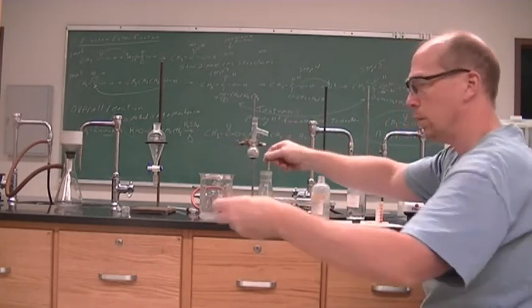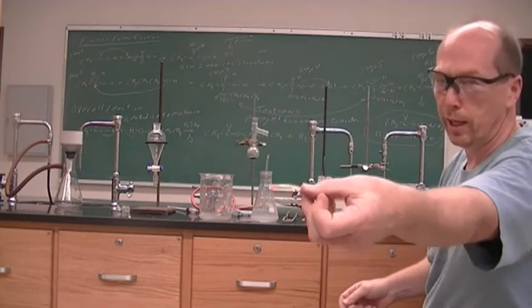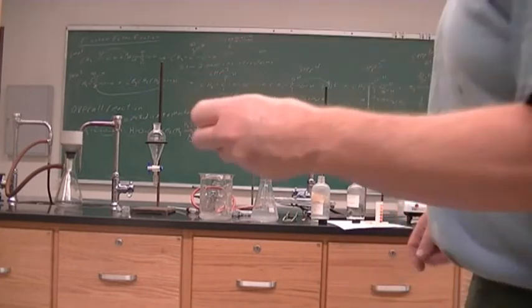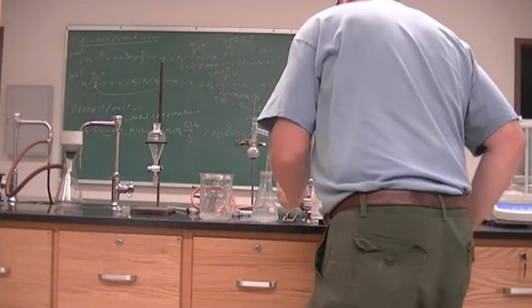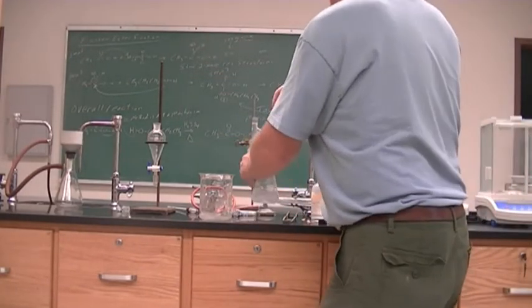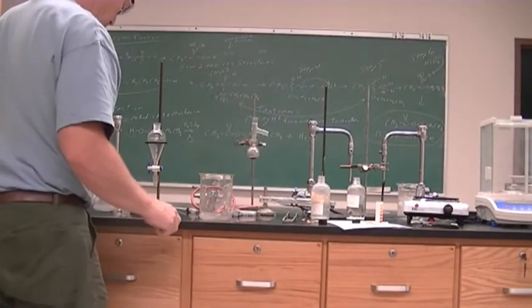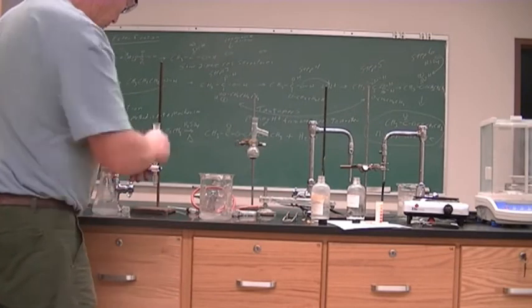Oh, there we go. So now we are neutral. So we have a green color. I don't know if you can see the green, but now we are neutral. So we are good to put it in the separatory funnel. Stopcock closed.